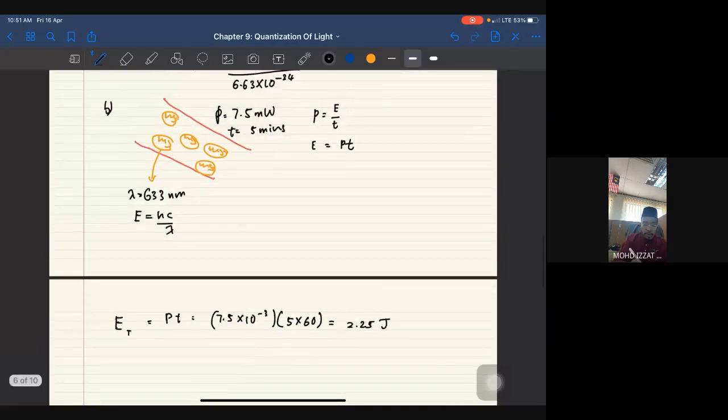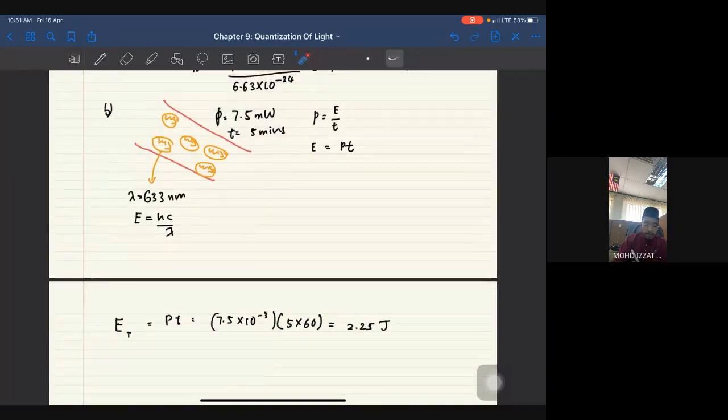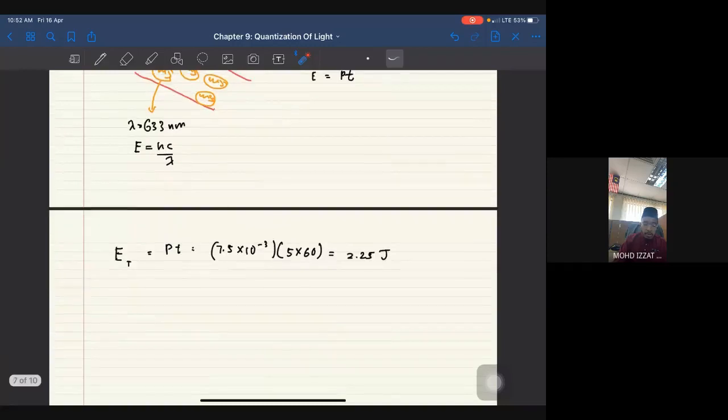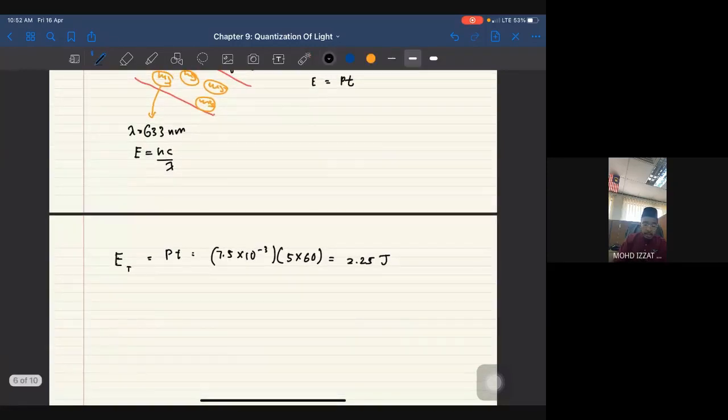So you have to find for each one of those photons how much energy it brings. So you can write as E of the photon, which is hc over lambda.